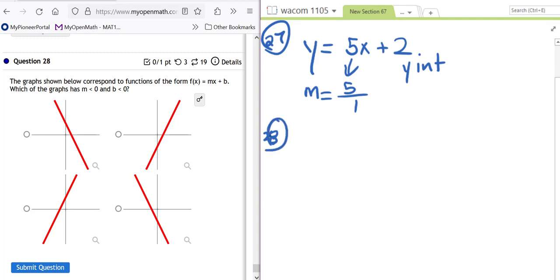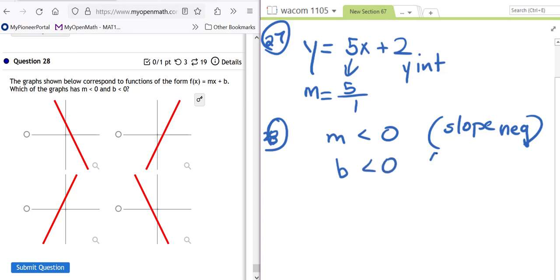It didn't start good. Okay, so they want slope less than 0, which means slope is negative. And they want b is less than 0, means your y-intercept is negative. All right, and so first let's look at the y-intercept that's negative.